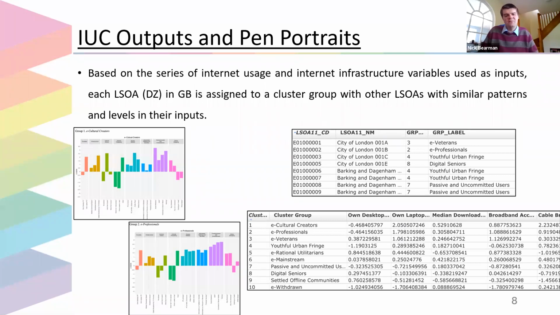And the names that we've got for the cluster groups are like e-cultural creators, e-professionals, and so on. Where do they come from? They come mainly from some amount of background knowledge, but again, you would need to consult with the industry experts and the people that know the field the best. You have to take it a bit subjectively.